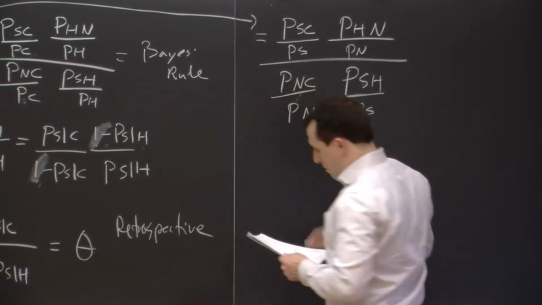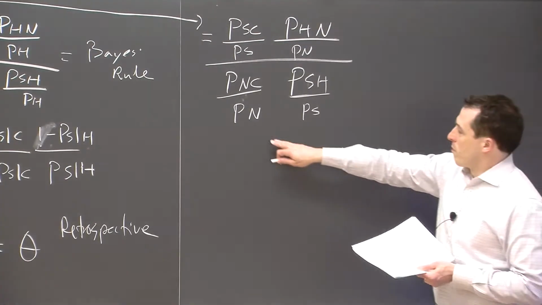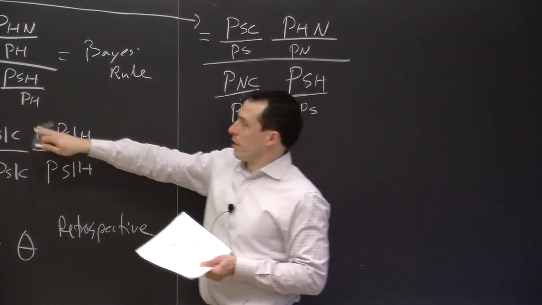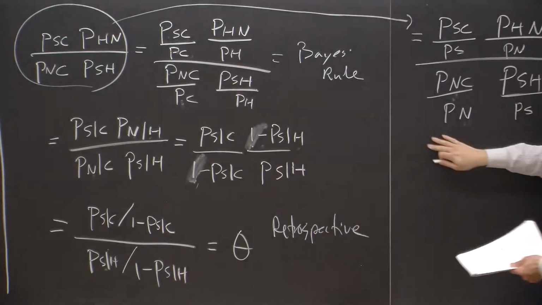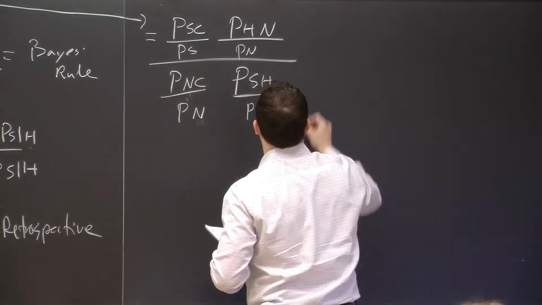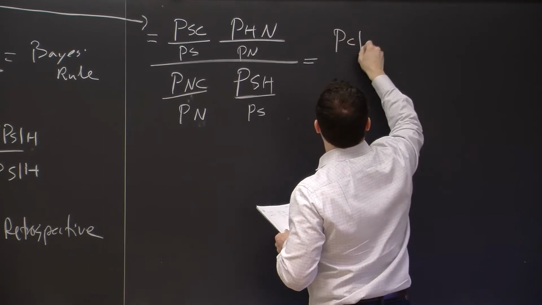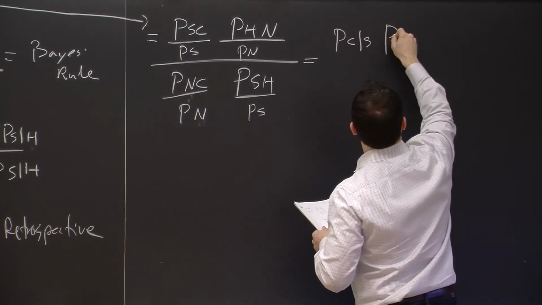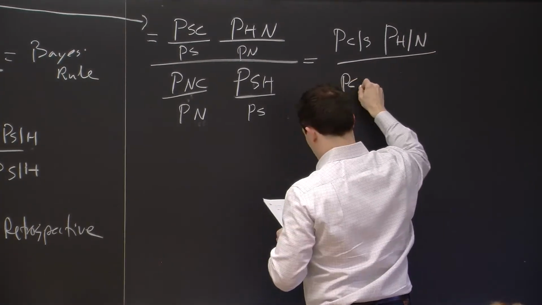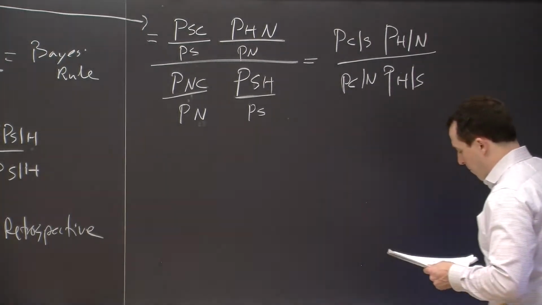So now I'm dividing by the proportions of non-smokers and smokers instead of over here, the columns. What I'm working toward here is the prospective version. So using Bayes' rule, that's probability of cancer given smoking, probability of healthy given non-smoking, divided by probability of cancer given non-smoking, probability of healthy given smoking.